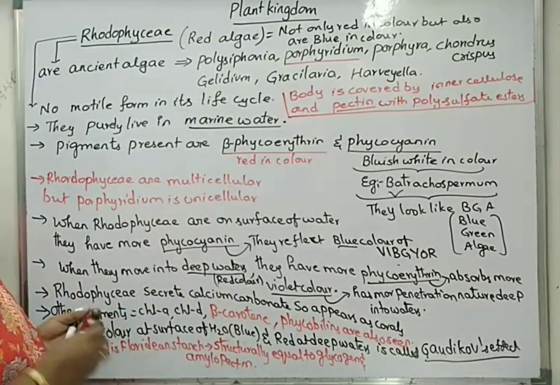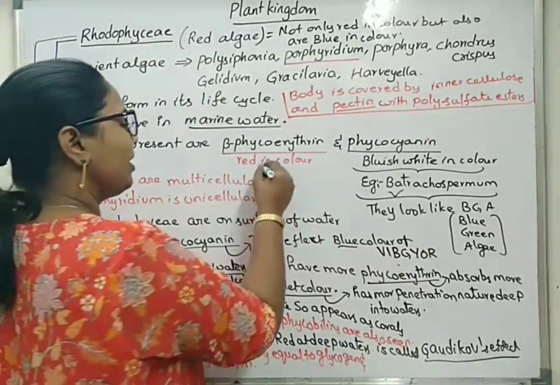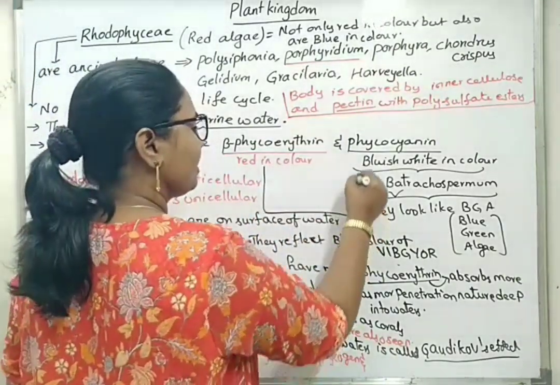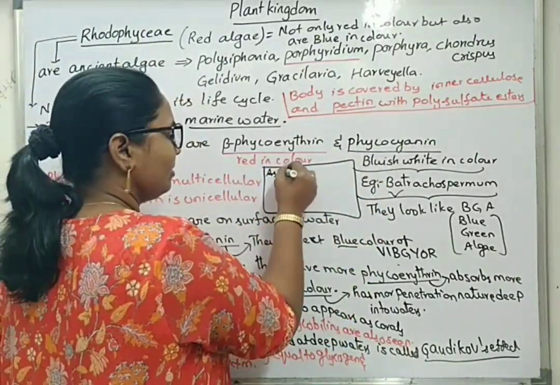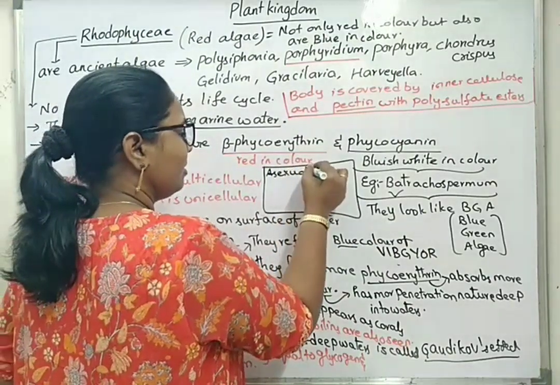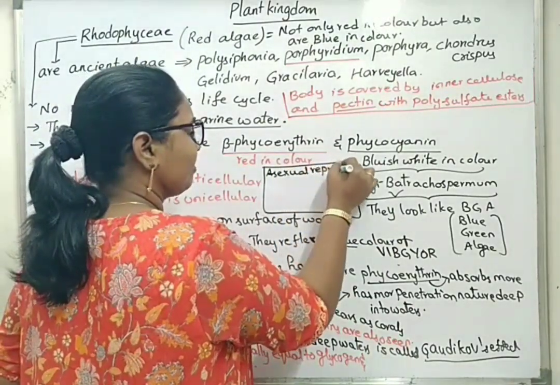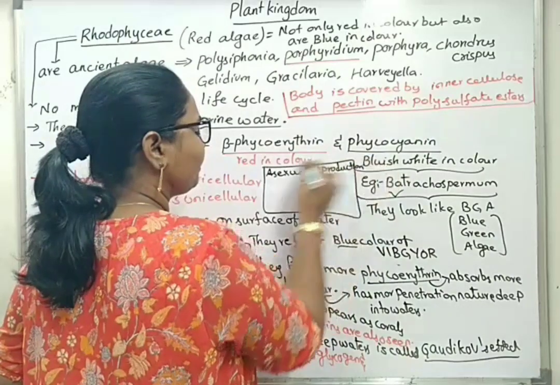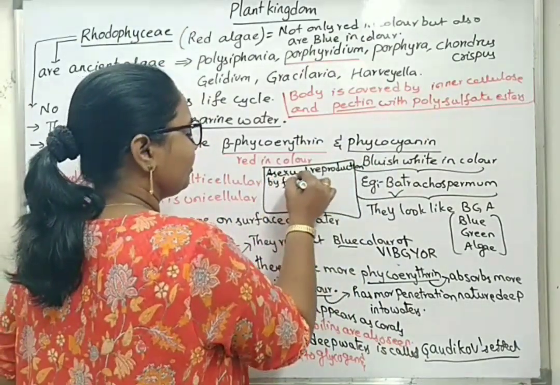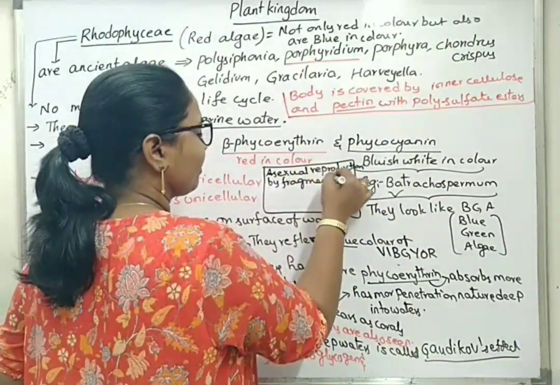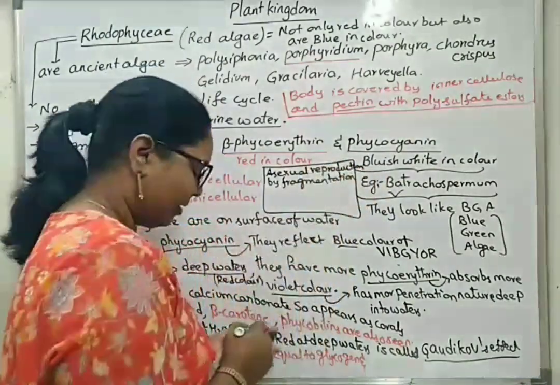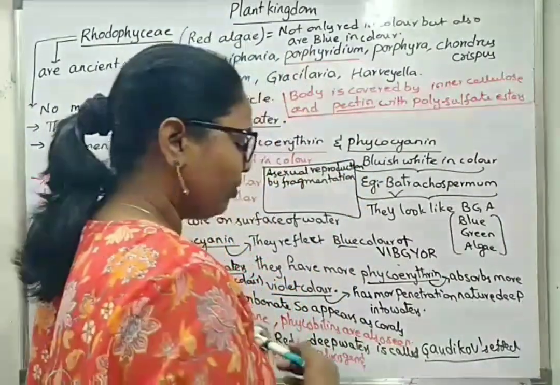Next, asexual reproduction is by fragmentation. Next, sexual reproduction is of the oogamous type.